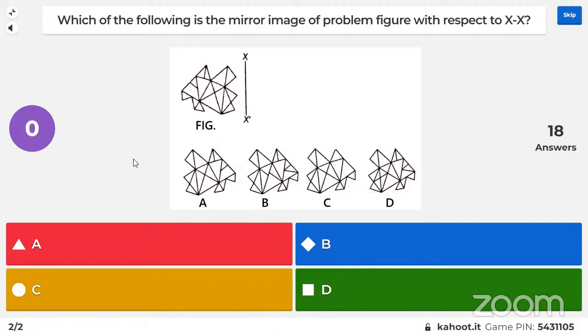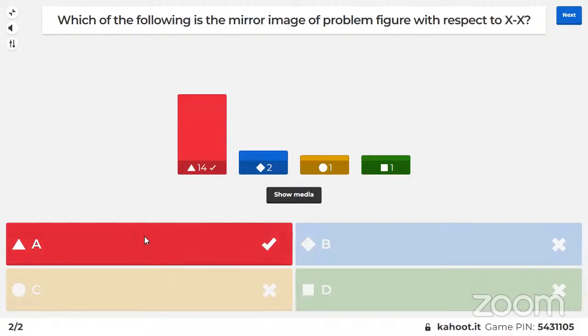All right, time. So A is the correct answer. Again, same process. You can see that it is being highlighted. So now we'll be moving on to the podium.